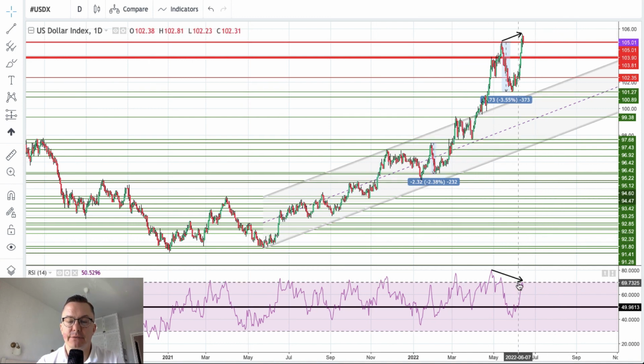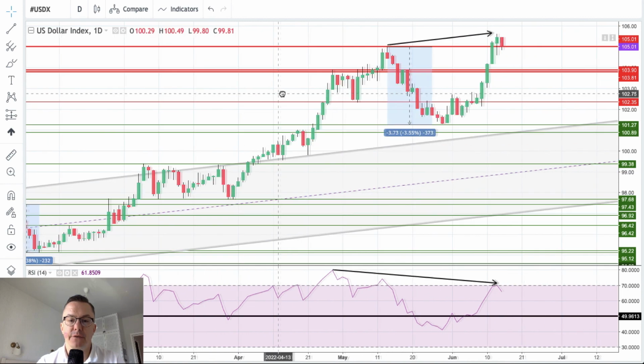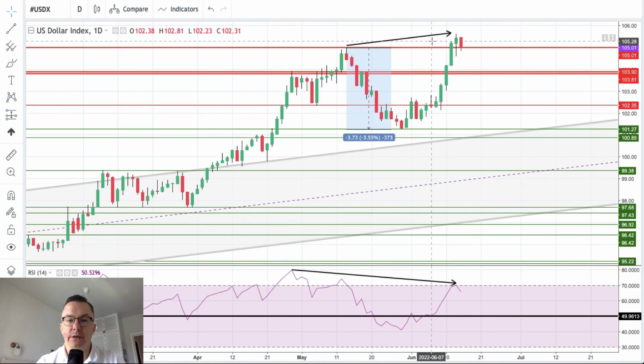However, we might see some kind of pullback. If the S&P 500 rallies in the ABC correction to the upside, the US dollar should go lower. Of course, this will be the expected behavior, textbook example behavior, and it will be considered just a simple pullback or correction.